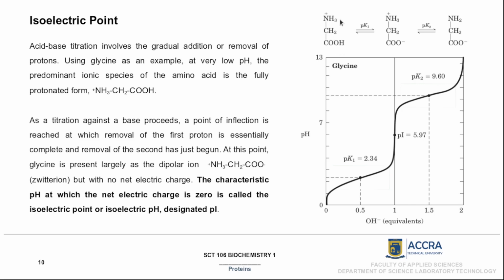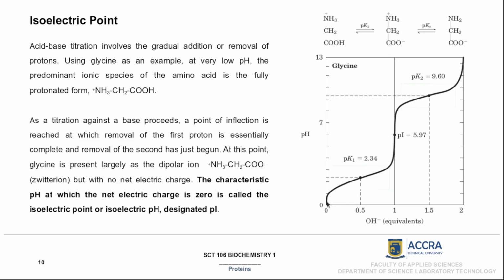Now, in a titration the first proton is donated to give you the negative charge on the carboxyl group, and thus giving you a zwitterion, an amino acid species that has a net charge of 0 on it.